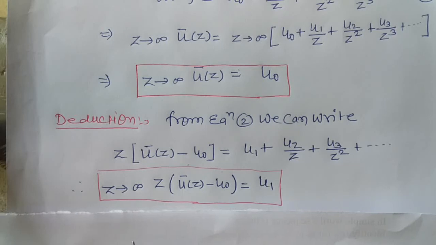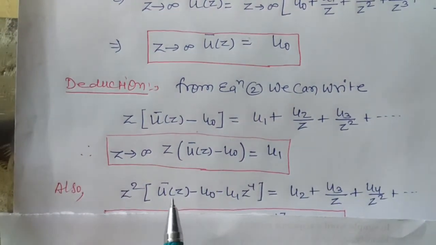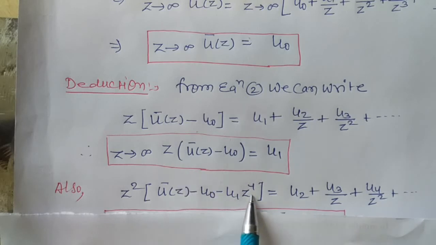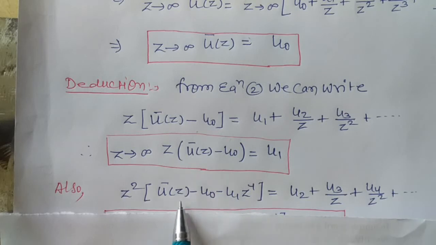And similarly we can write from equation 2 that z square multiplied by u bar z minus u0 minus u1 by z, then on the right hand side we have u2 plus u3 by z plus u4 by z square plus so on. So from equation second we transfer u0 and u1 by z to the left hand side, and then we multiply the whole equation by z square, then we get this expression.